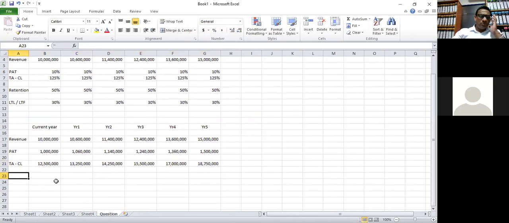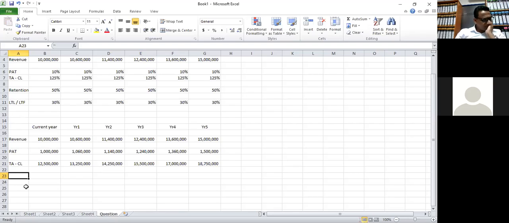Right. Now let's come to, oh, this is total asset. Now tell me one thing, right? In the balance sheet, total assets minus current liabilities should be equal to what?